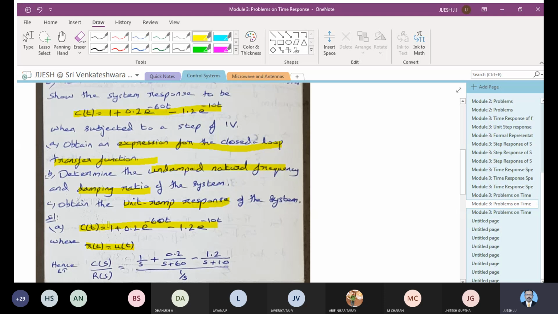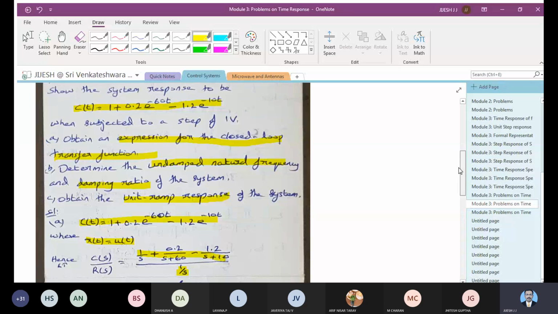When you do it, you will get 1/s, plus 0.2 e^(-60t) can be written as 0.2/(s+60), and this third term will be -1.2/(s+10). And r(t) is u(t), whose Laplace transform is 1/s. So C(s)/R(s) can be written as (1/s + 0.2/(s+60) - 1.2/(s+10)) divided by (1/s).